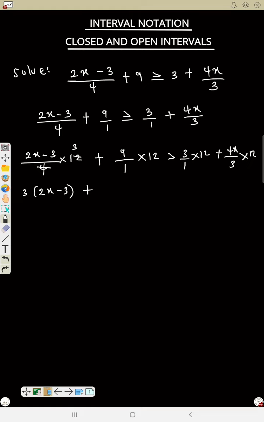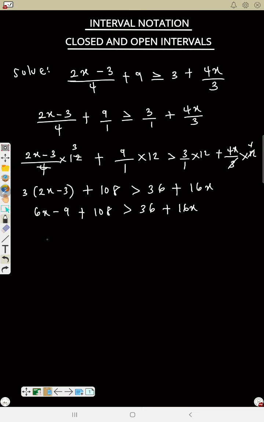Is greater than 36 plus, now 3 and 4, 4 times 4, 16x. Open a bracket here, that will be 6x minus 9 plus 108 is greater than 36 plus 16x.